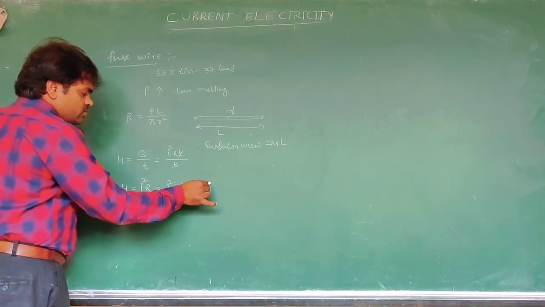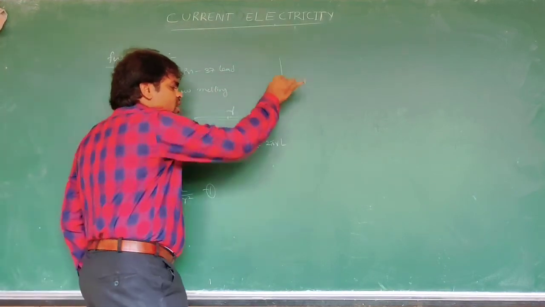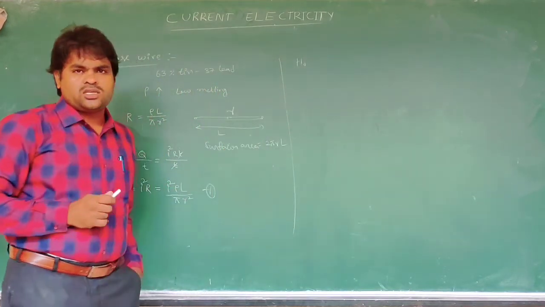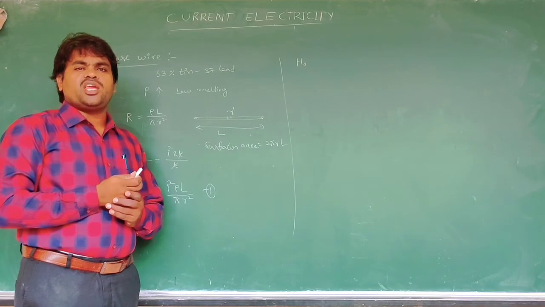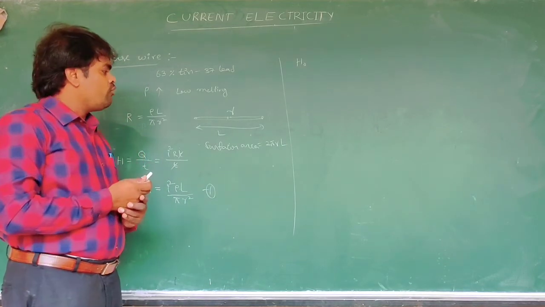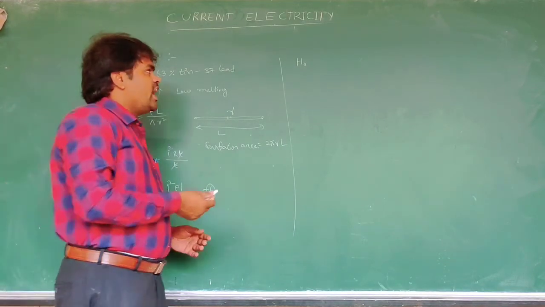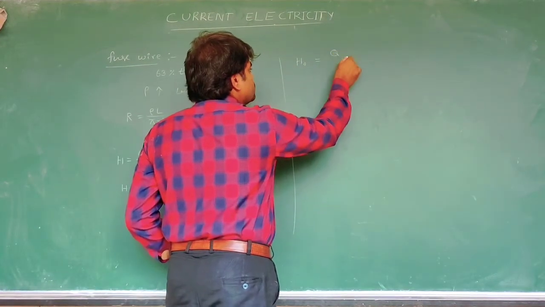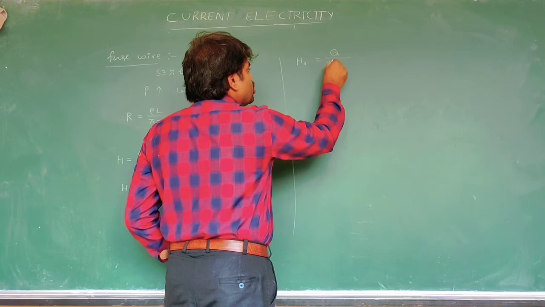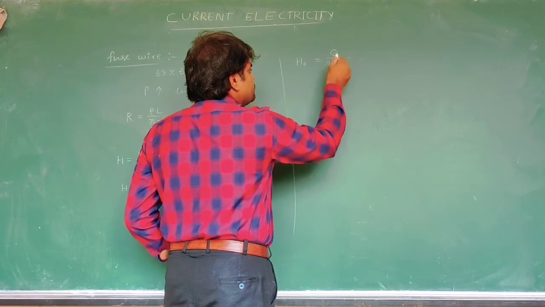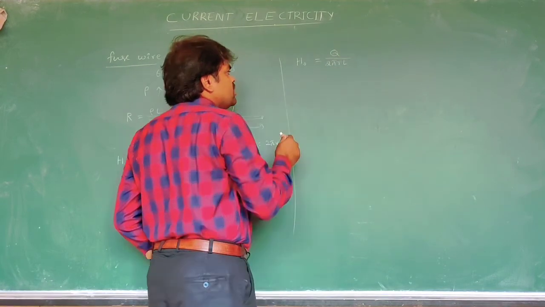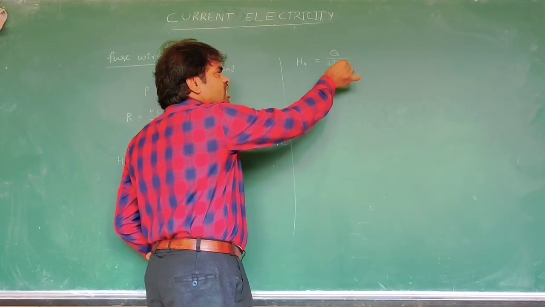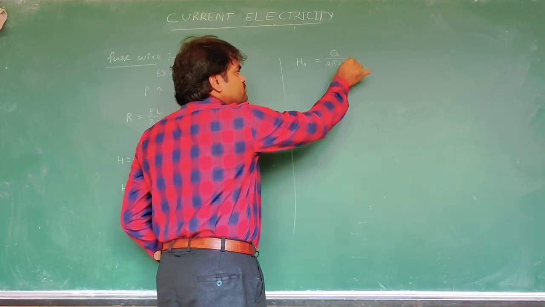This is equation 1. Here H naught is the heat loss per unit surface area of the fuse wire. Then H naught is equal to Q by 2 pi r L. This is the heat loss per unit surface area per unit time.